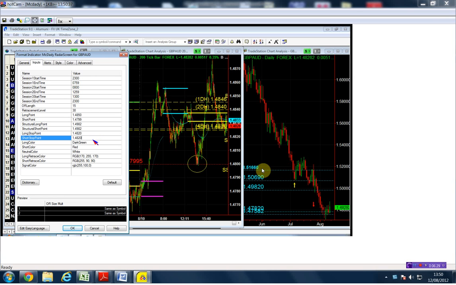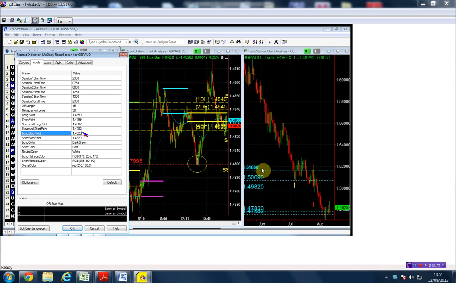My long stop and the short stop is the same, and my structural short point is now the 147.82. So for the pound Aussie, I'm going to go long above 148.50. My structural long point is 149.82, so we got about 150 pips to the upside if we're lucky. And we have a structure, and my stop is the 148.20.